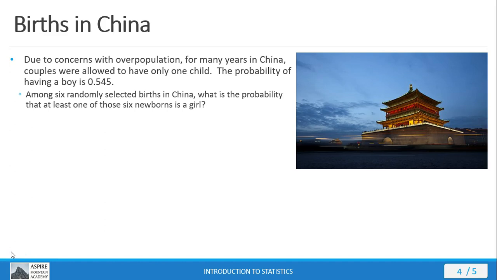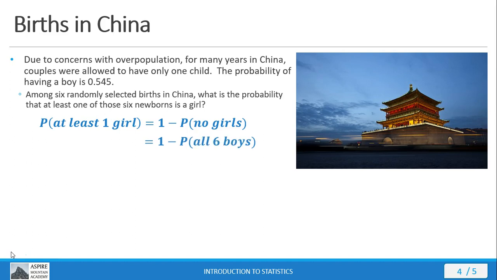Okay, let's see how well you did. So the probability that at least one of these 6 births is going to be a girl is going to be 1 minus the probability that none of them are girls. And the probability that none of them are girls is the same as the probability that all 6 of them are boys. So what's the probability that all 6 of them are boys?